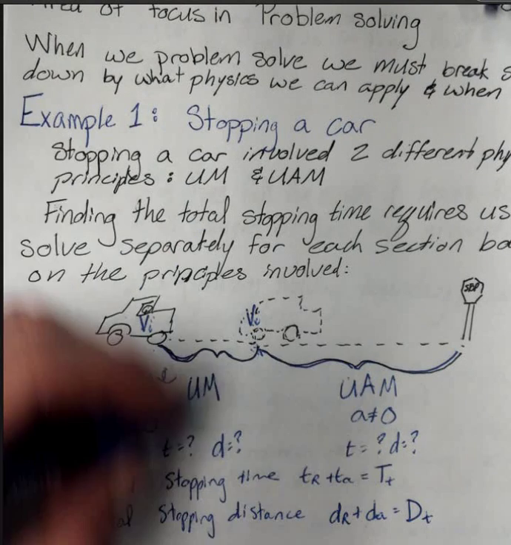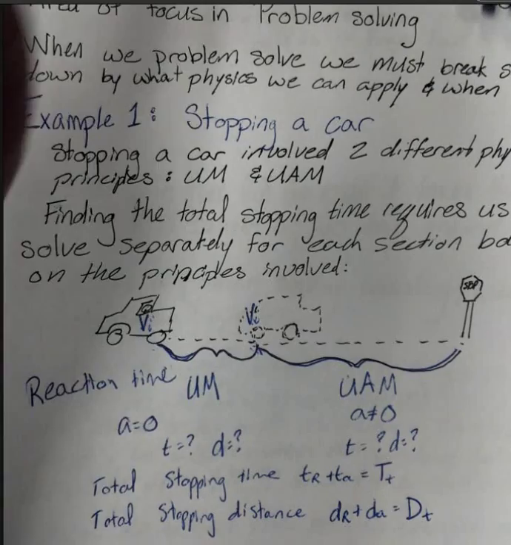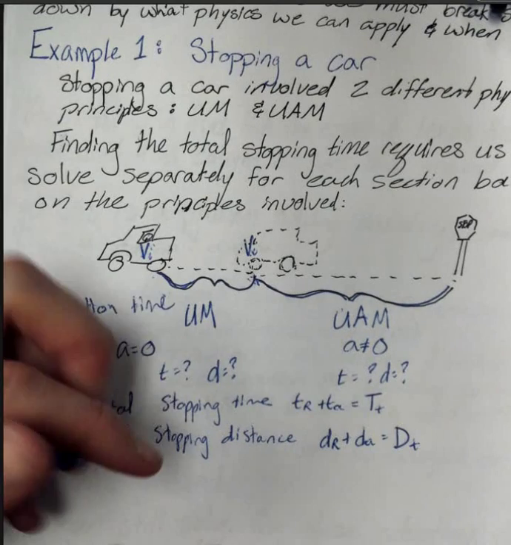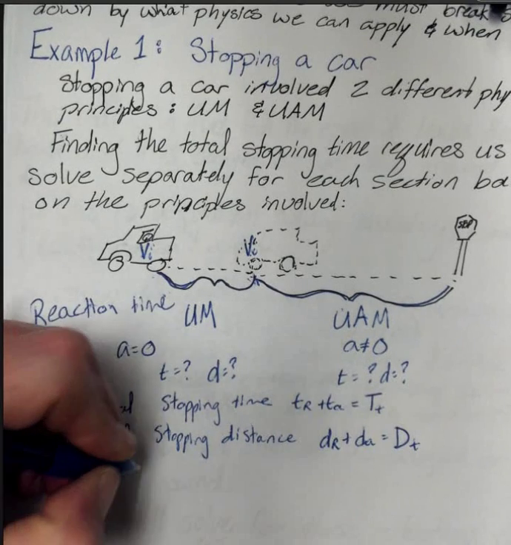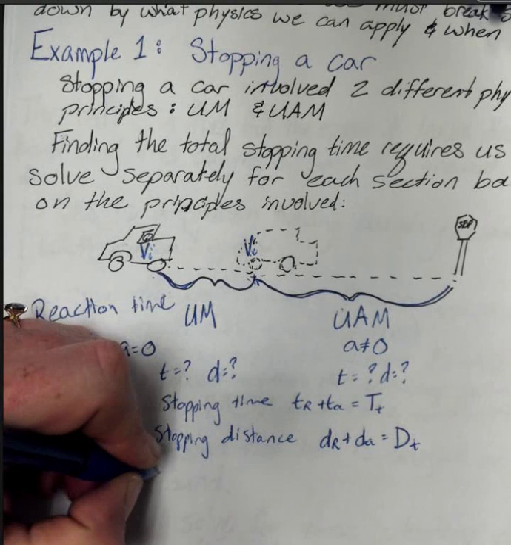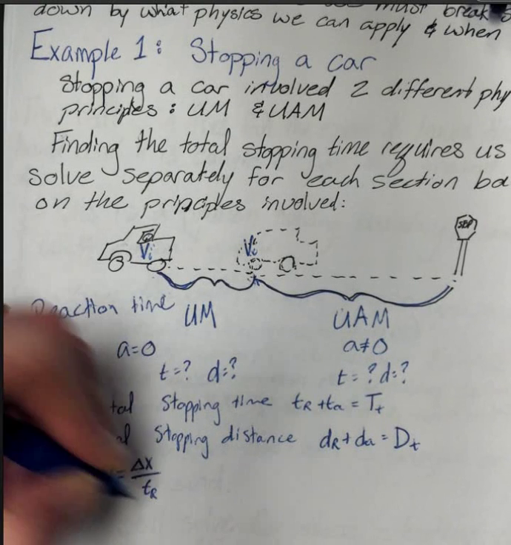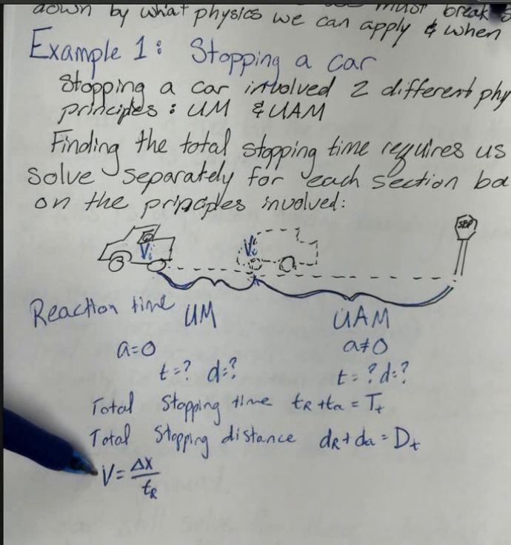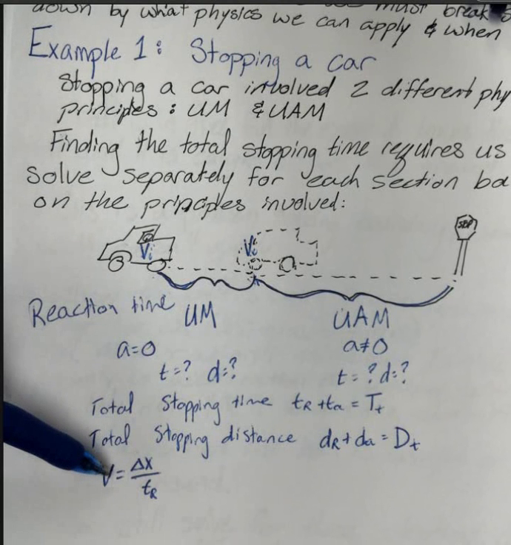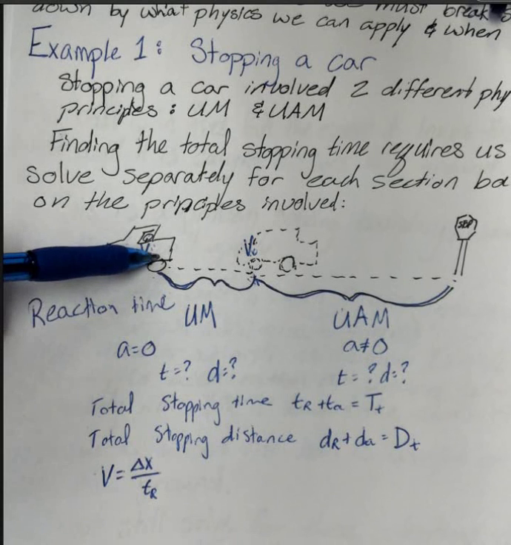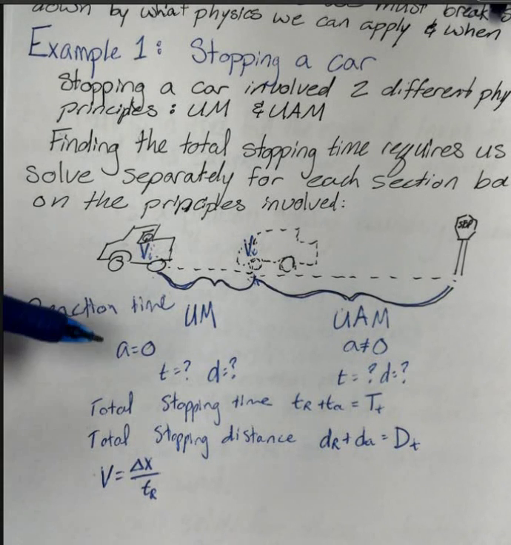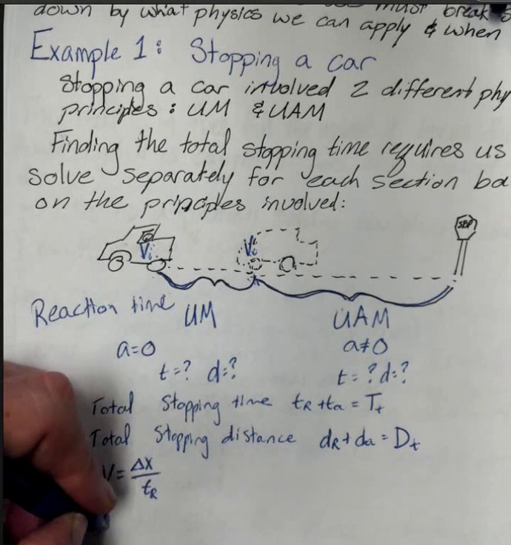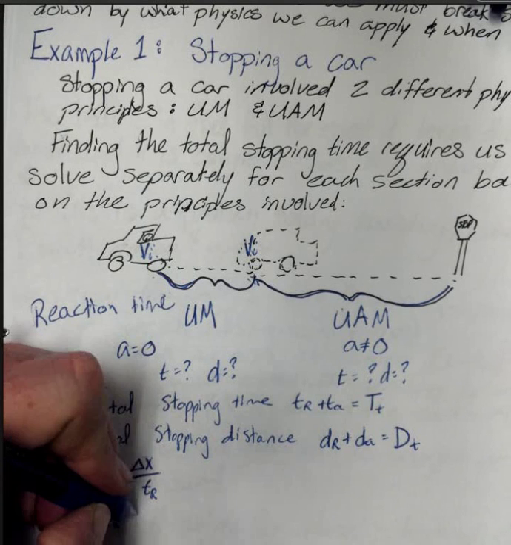That means that you use the relationship that your velocity will equal your displacement over that reaction time. And that will be true under any uniform motion situation. So all you need is two of these variables, and you can solve for the third. You can solve for displacement, which will be the velocity times the reaction time.